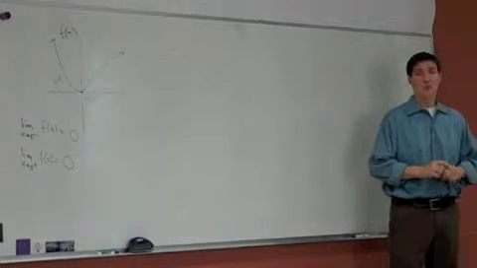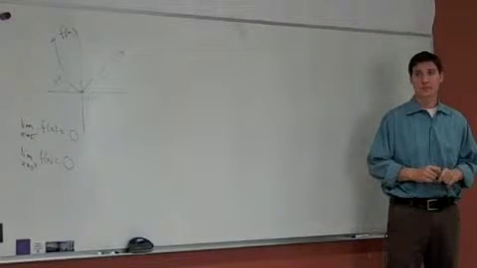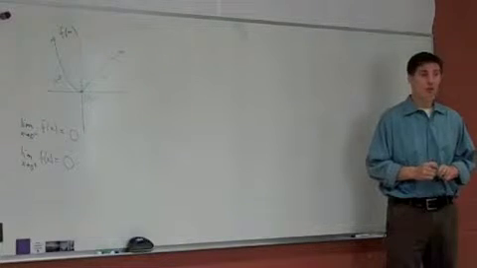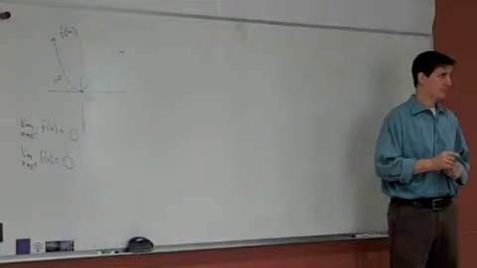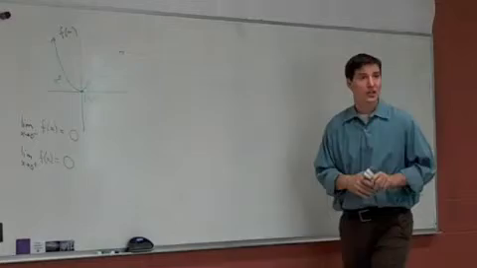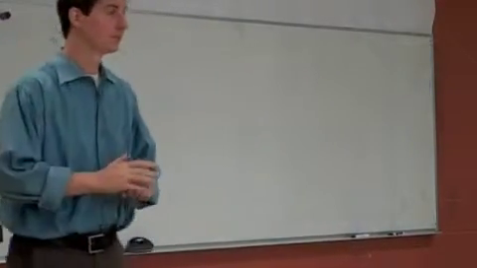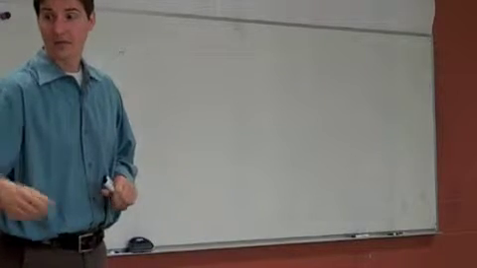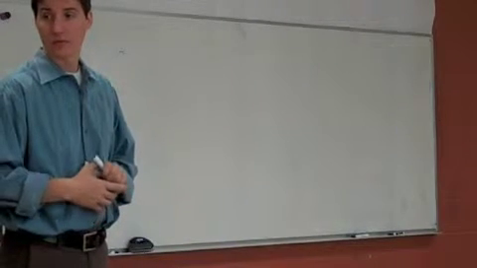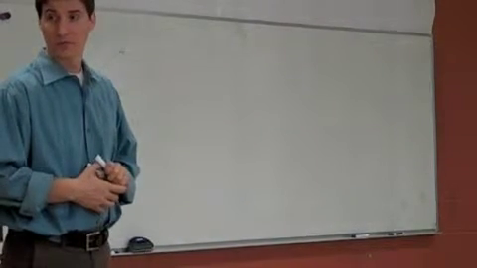What is f of 0? What does that mean in terms of continuity? Why is this function continuous at x equals 0? Say it. Because the function value is equal to the limit value. Yeah.